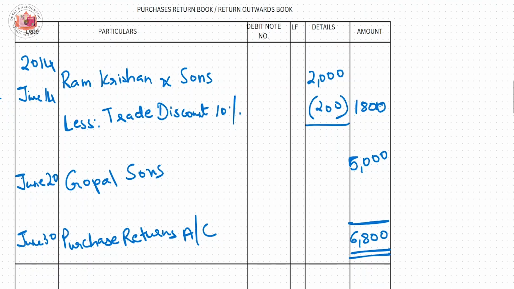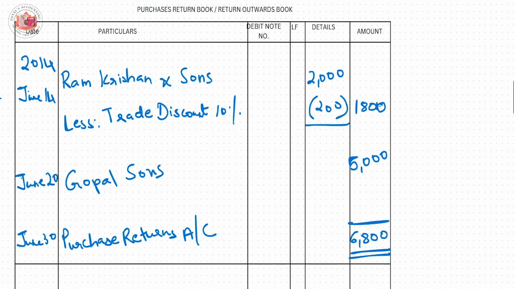Because you are returning goods. When you are returning goods, the liability you owe is reducing, right? So it's sort of a gain, like a discount received, but not a discount received. You're sending out goods, your purchase expense is reducing. That is why it will have a credit balance.